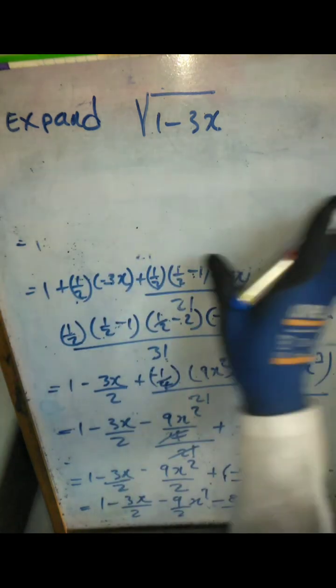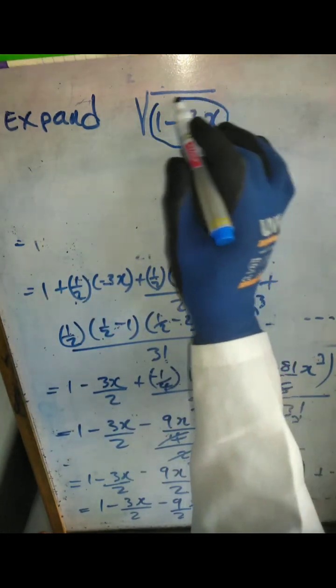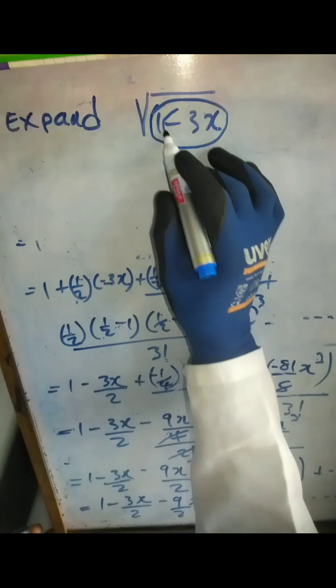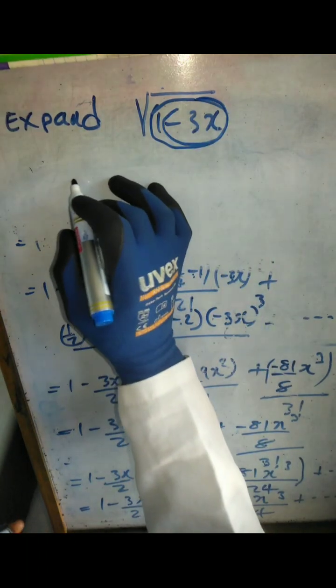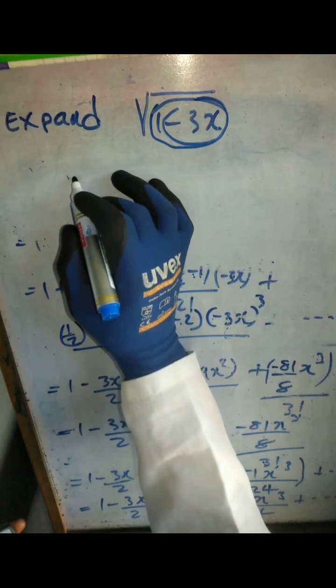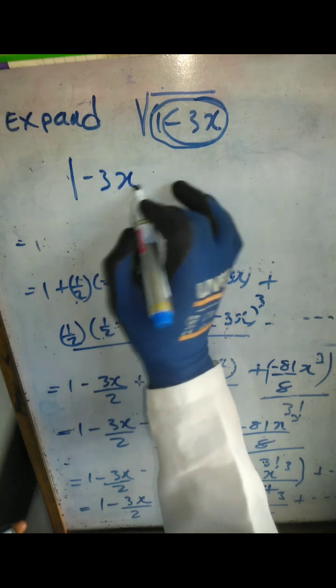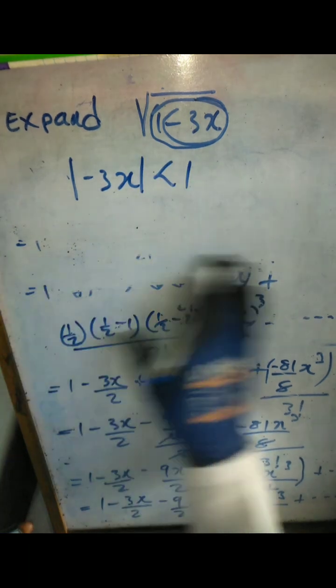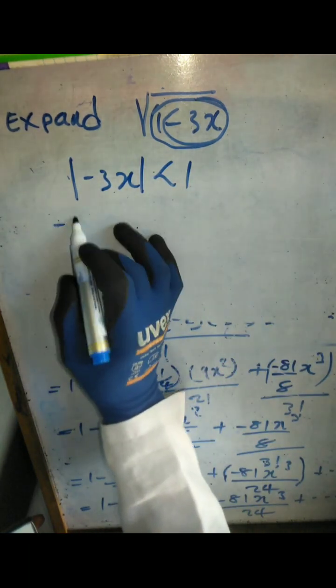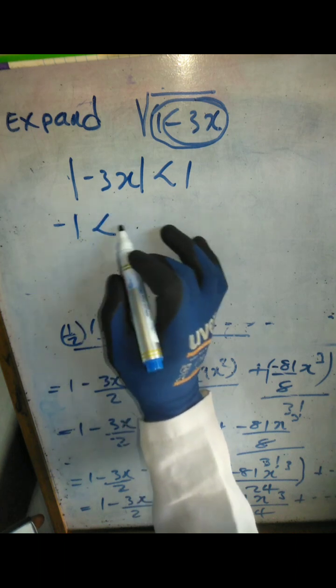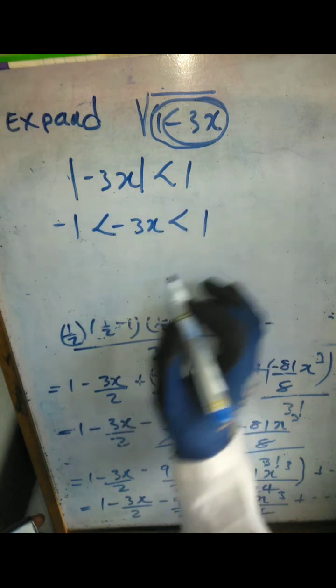Then let's find its validity. So for the validity of this function, you just get the value inside there, the number which has x. So can I say the validity is negative 3x should be less than 1? Then let's begin with negative 1 less than negative 3x less than positive 1.